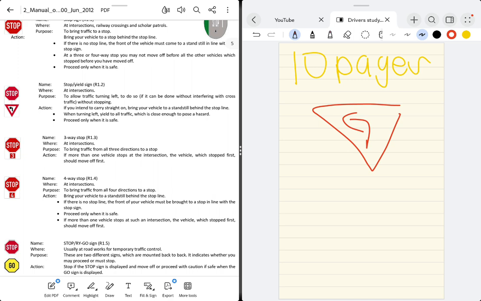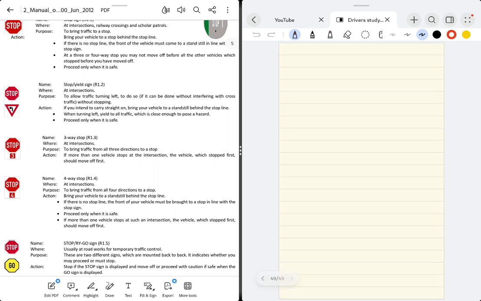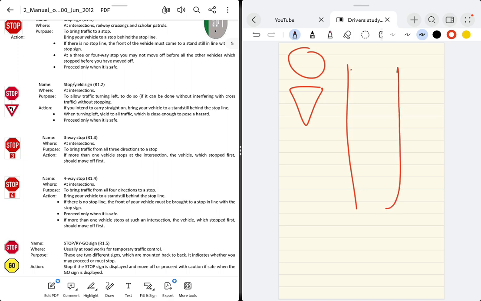So if my car, let's do it on your page. Here's the stop and yield sign. Here's the road and here's the car. Let's say there's also another road like that.